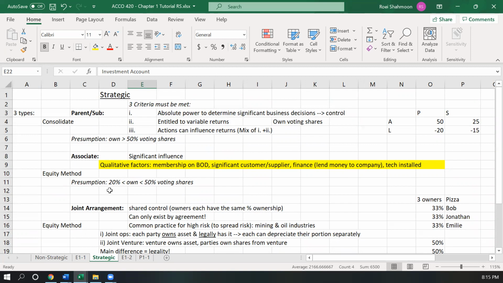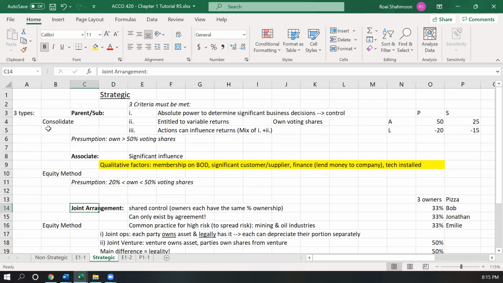So for strategic investment, we have three main types that we're going to look at. And again, they're all based on those presumptions of how many shares you own. The three that we have here are parent subsidiary, associate, and a joint arrangement.